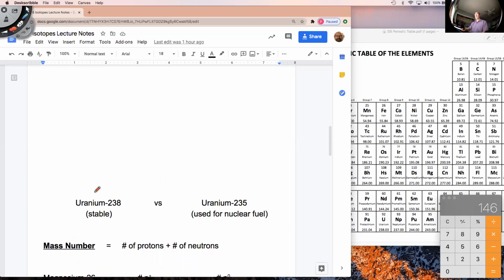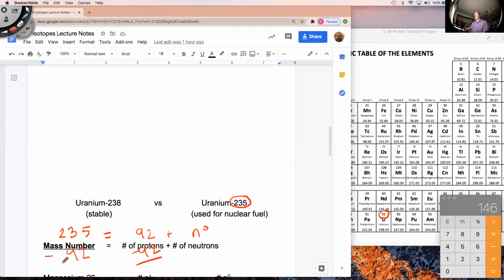Okay, good. So now let's take a look. Well, the number of protons plus the number of neutrons equals the mass. The mass of uranium equals 235. That's going to equal the number of protons, and uranium still has 92 protons. So 92 plus something equals 235. So let's go minus 92.